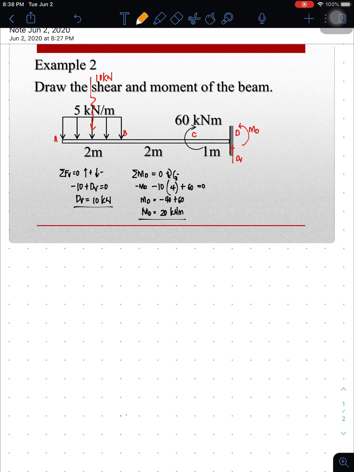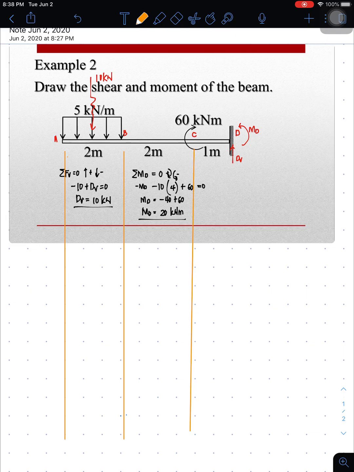No, I'll just use a black pen. No, this pen instead. This is for point A, and this is for point B, and here this is for point C, and here this is for point D. And then we're going to draw the 0 shear line.